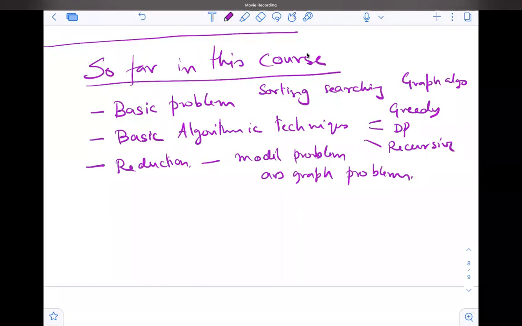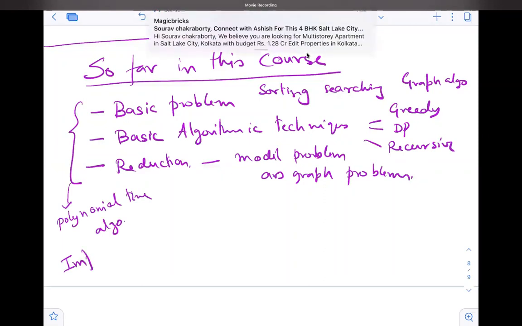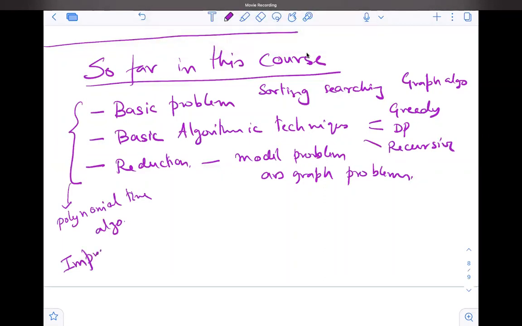Now the important thing is that all of the ones we have seen are very nice, precise polynomial time algorithms. All of them are polynomial time algorithms, and our goal was to improve the polynomial.